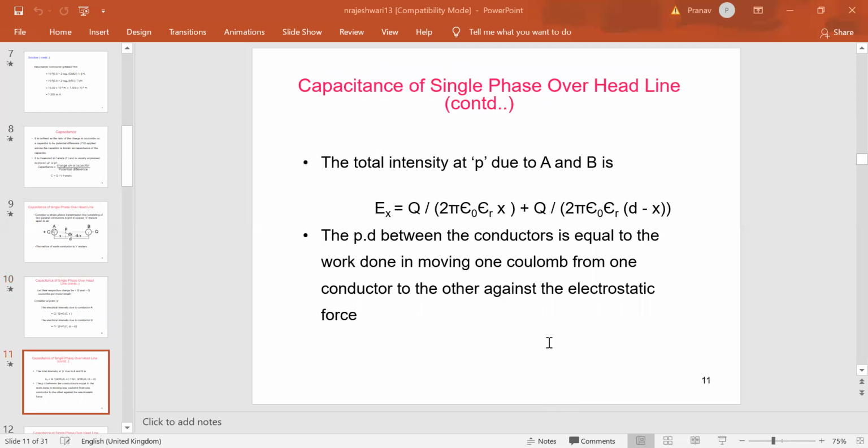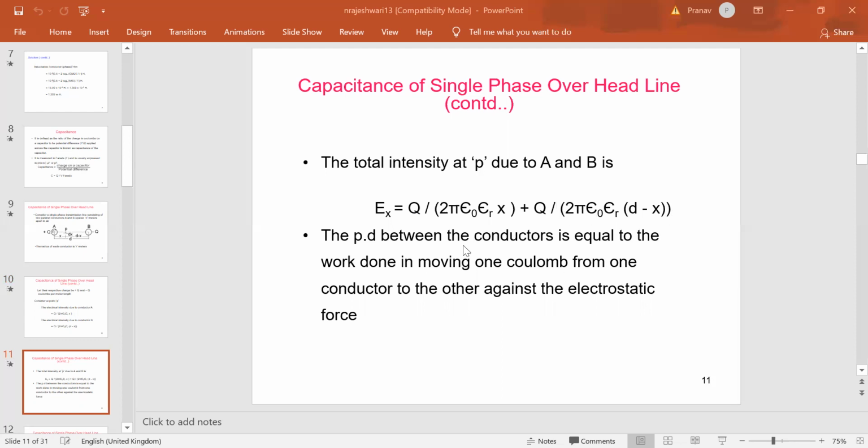And the total intensity at P due to A and B is Ex, which is equal to the sum of the two intensities. So q by 2 pi epsilon naught epsilon r x plus q by 2 pi epsilon naught epsilon r d minus x.